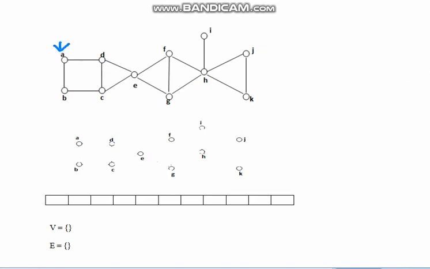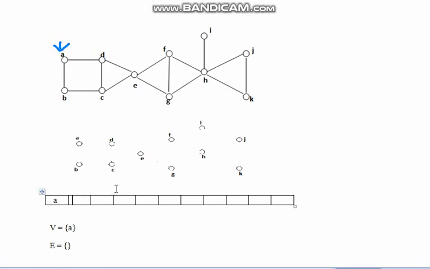Hence I started my traveling in the given graph, so A is added in the queue. So visiting vertex A, from A how many non-visited adjacent vertices? D and B, right?